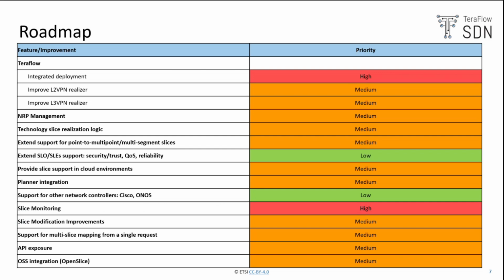This image I've shown before is about the roadmap of things that we have in mind for the NSC component. Regarding TeraFlow, our highest priority right now is achieving an integrated deployment with the TeraFlow controller, apart from improving layer 2 and layer 3 VPN realizers.